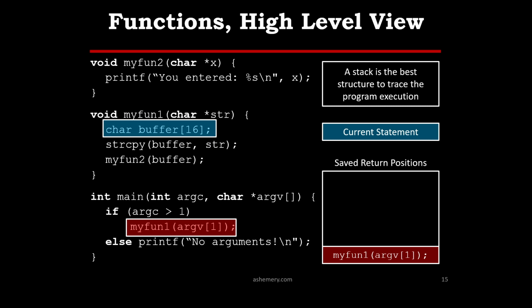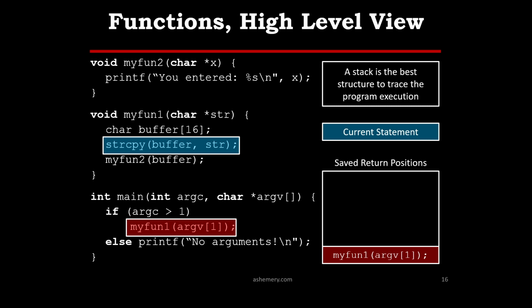Now we are going to create a character buffer with 16 bytes. Execution continues. Now strcpy. This one is also a function, so we should also be storing the position of strcpy onto the stack.